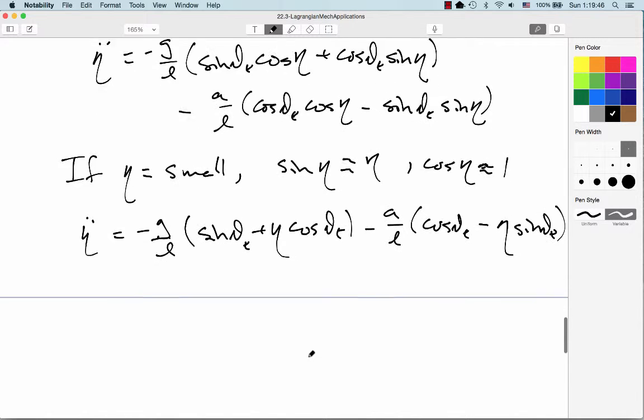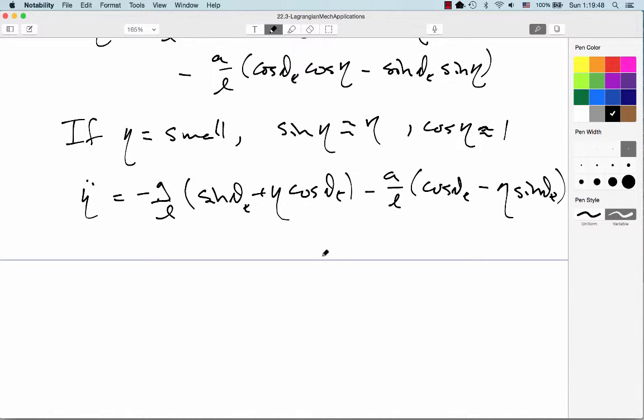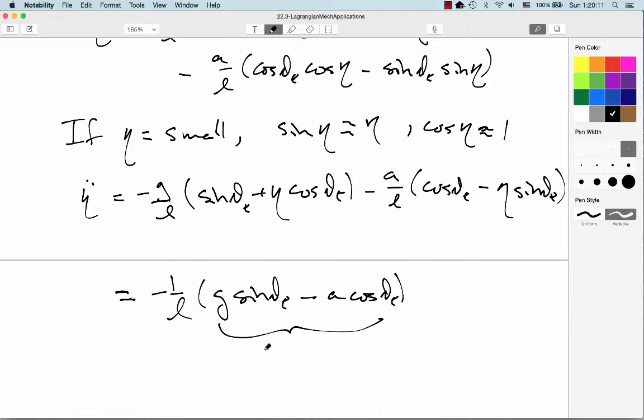All right. So we can rearrange. This will be minus 1 over L times g sine theta equilibrium minus a cosine theta equilibrium. Oh, hey, from our equilibrium conditions, that's got to be 0. That's good.